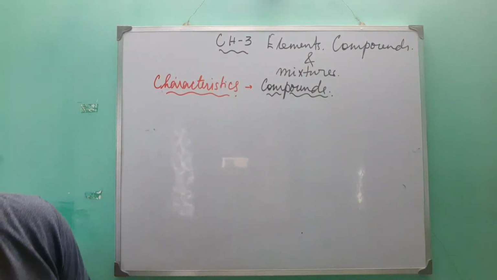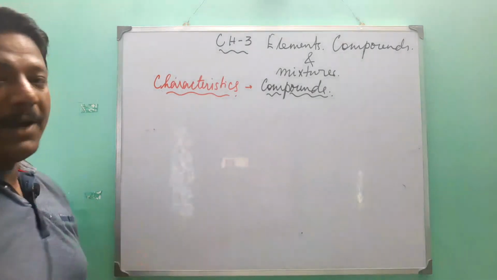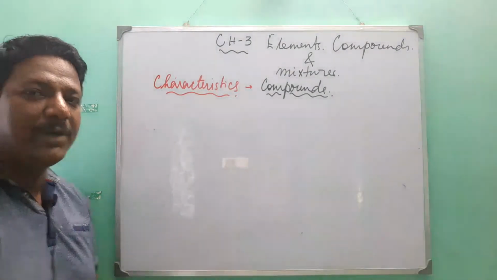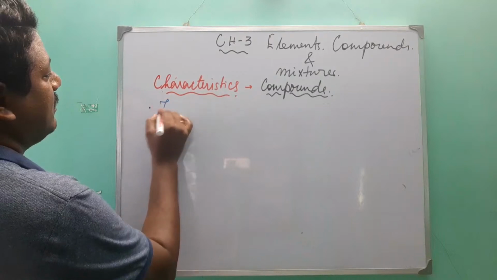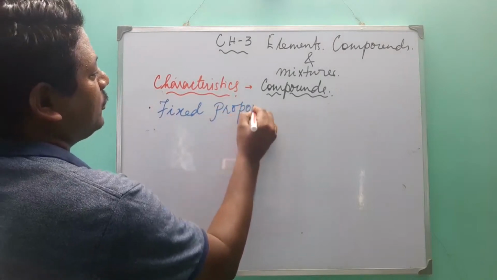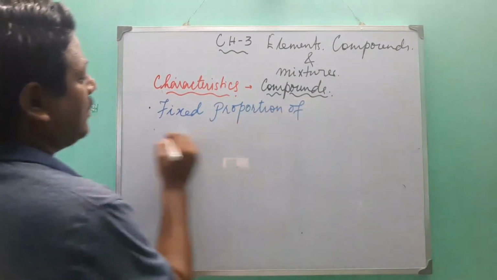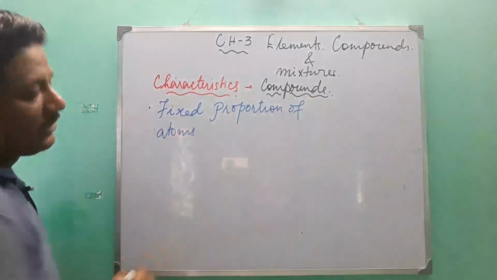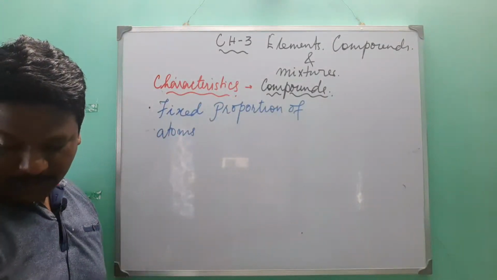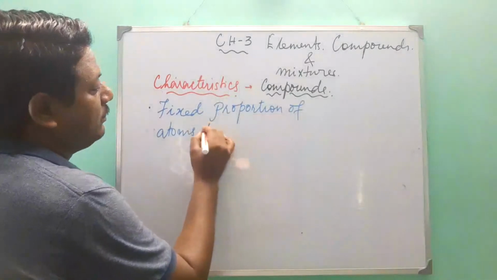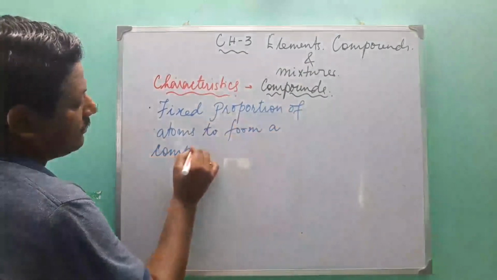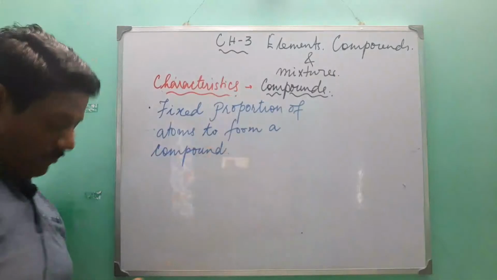The next characteristic of a compound is that elements combine in a fixed proportion of atoms to form a compound. They have fixed proportions of atoms to form a compound.